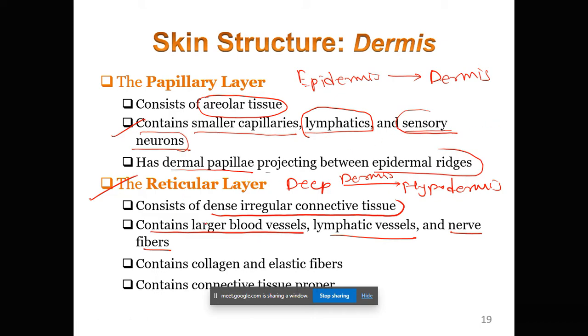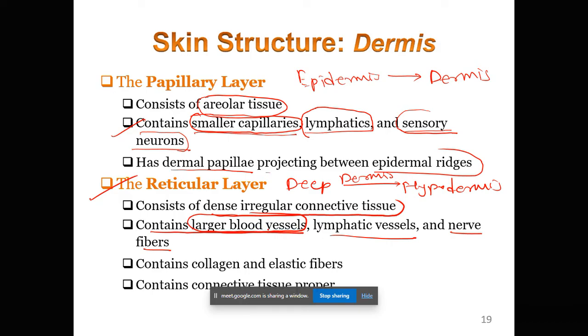But one thing that is different between the papillary layer and the reticular layer is that in the papillary layer we have smaller capillaries. Capillaries are the smallest blood vessels, and in the reticular layer we have larger blood vessels, that is, vessels with greater diameters.